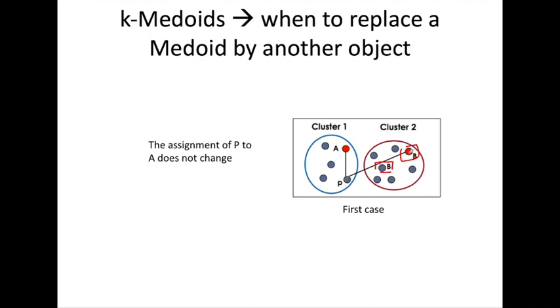So now what we have to do is that we have to compute the distance between the new point, the new representative object for the second cluster, and the distance to the current cluster. In this particular case, we can see that this distance that we have here is certainly better than this distance that we have here. So for this particular point, we don't have to do anything. This point is still going to be in that particular cluster.